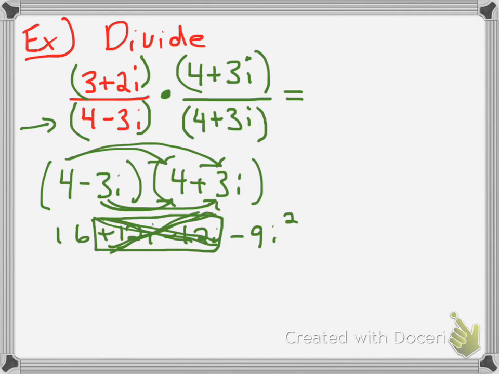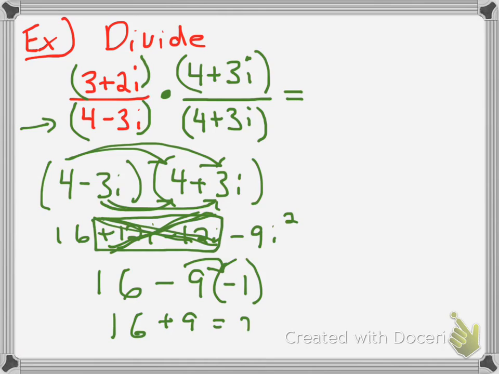So we bring down this, and I know i squared is negative 1. So now I have 16, distribute that, plus 9. That gives me 25. So I'm going to put 25 on the bottom. I have a real number. That's what conjugates do. They get rid of the imaginary part and produce real numbers.